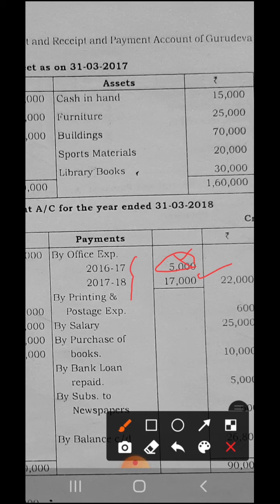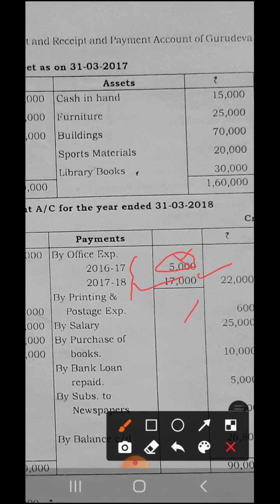Then we are going to take only current year expenses. If we take 17,000, then no need to deduct 5,000. If the years are not given, and office expenses were given directly as 22,000, then we would have deducted 5,000 because it appears in last year's balance sheet. Hope you are getting the point.